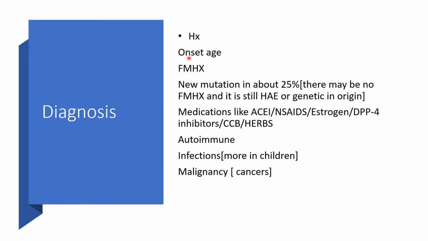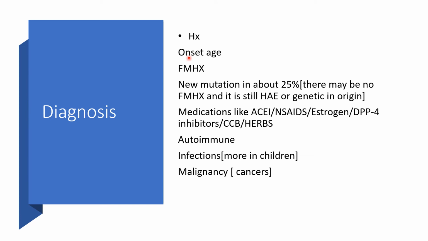If the patient tells us this happened the first time ever in life at such an age, and we trace that to childhood or adolescence, or the patient is actually an adolescent or a child, then there's a clue. We might be dealing with hereditary angioedema.